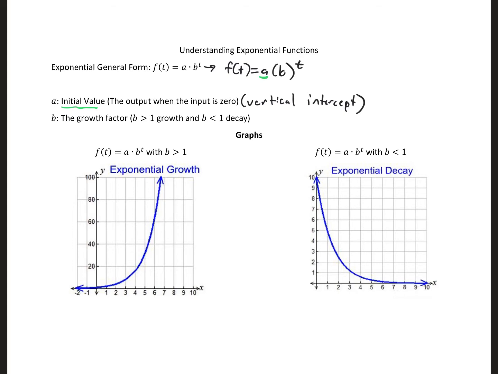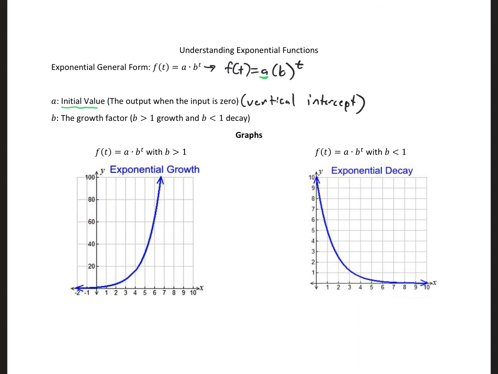If b is a number less than 1, you'll get decay. The larger the value of b is, the faster the function will grow, assuming it's greater than 1. The smaller b is, assuming it's less than 1, the faster the function will actually decay or decrease.